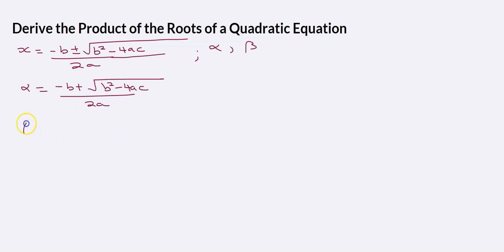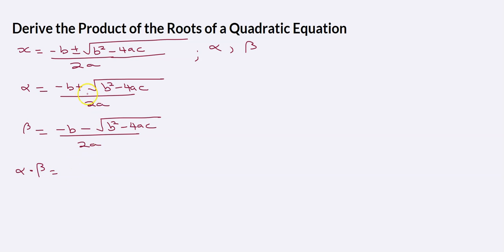And then beta is going to be negative b minus the square root of b squared minus 4ac divided by 2a. So we want to find the product of these roots. So the product of these roots is going to be alpha multiplied by beta.